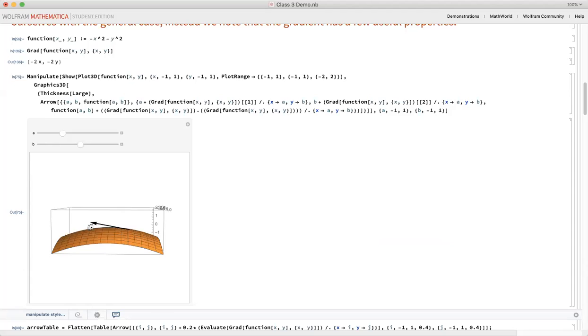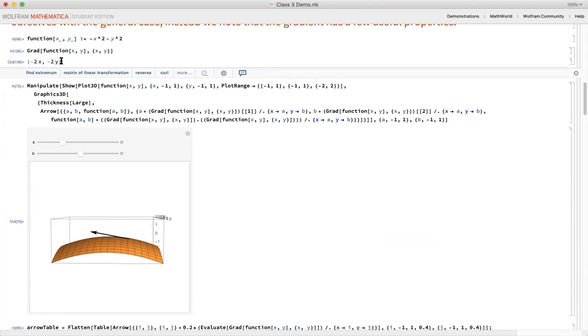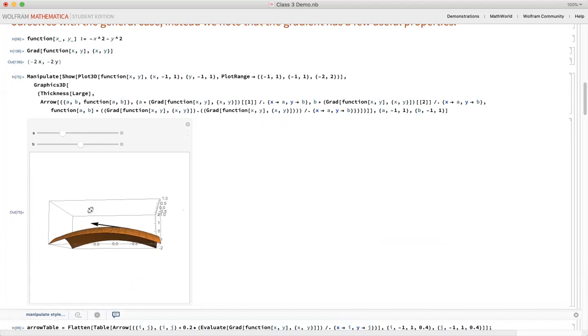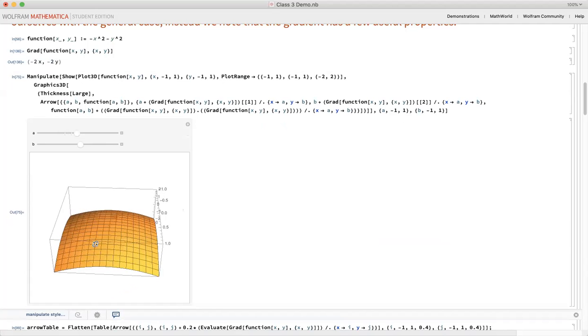I'm plotting the height of this arrow, its slope, proportional to the magnitude of the gradient. So the magnitude of this vector gives us the height above the normal of this gradient.